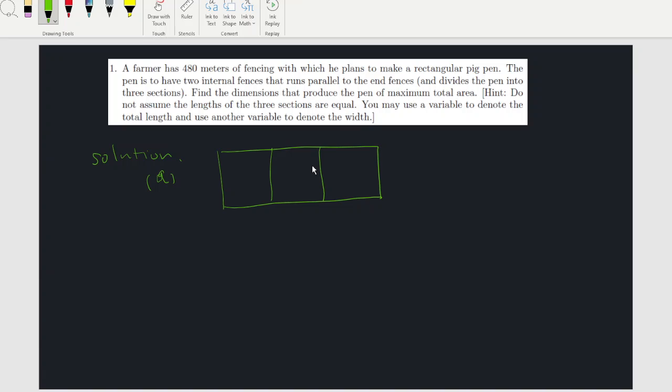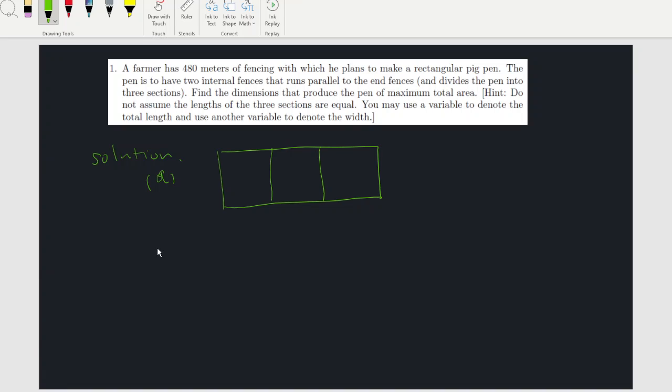So we are trying to find the length and the width. That's the length. I'll call that width. We are trying to find the length and the width that will maximize the area of the pig pen. That's the question. We're done with step A. Draw a sketch. Understand the problem.